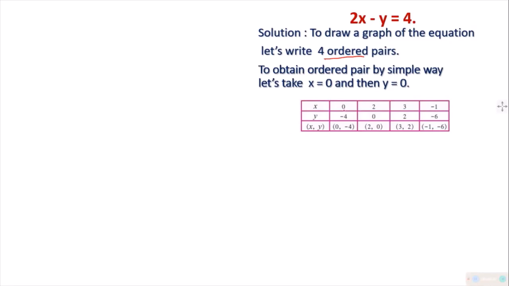You will insert x is equal to 0 and calculate how much y will be, or x is equal to 2, and we'll calculate. For example, in this case, if I consider x is equal to 2, what is the equation given? The linear equation given is 2x minus y is equal to 4. So I will substitute this x into it.